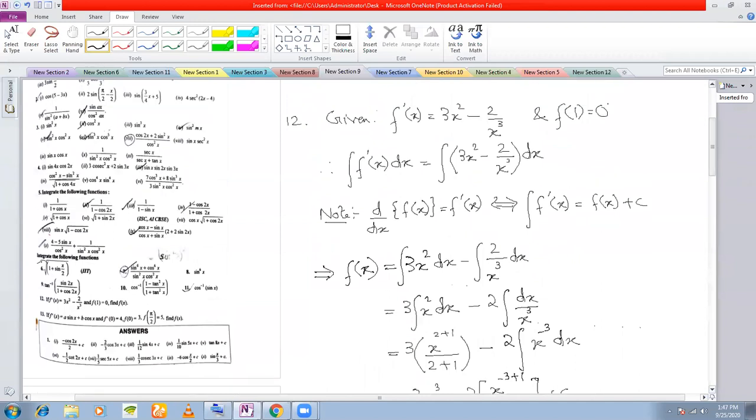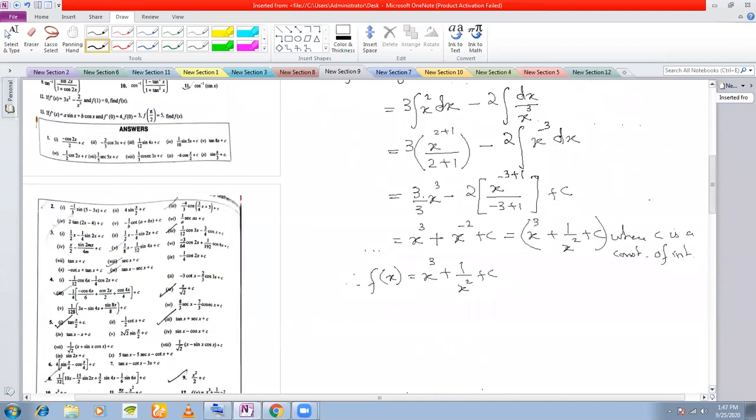Now look at the second condition. The second condition given here is f1 is equal to 0. We'll apply this condition to get the value of this constant. So according to our question, what is f1? f1 is 1 cube plus 1 by 1 square plus c.